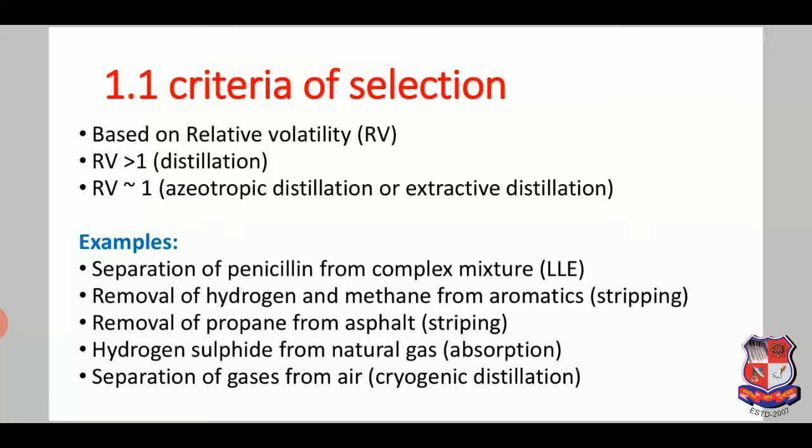The last example is the separation of gases from air. We know that air is composed of oxygen, nitrogen, argon, hydrogen. To separate those components, we cannot use a conventional technique, and we need to go for cryogenic distillation, which is a very extreme low temperature distillation operation.